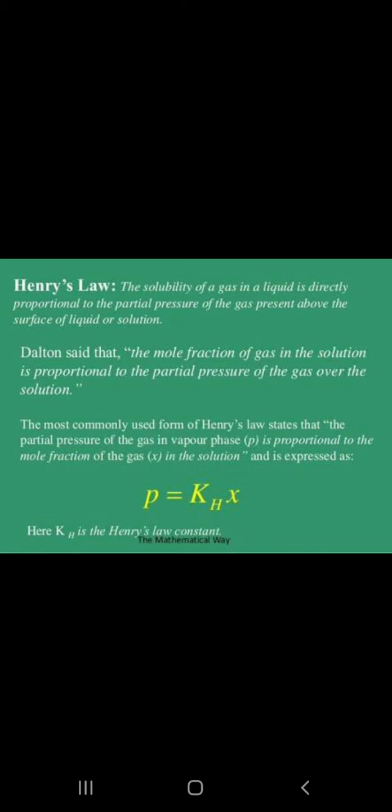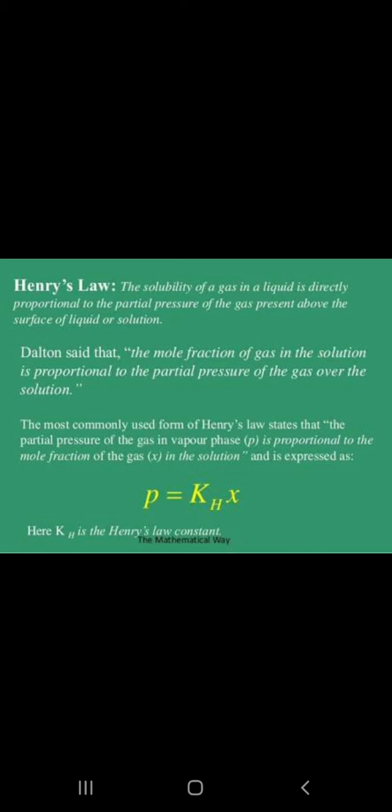At that time, John Dalton said that the mole fraction of a gas in the solution is proportional to the partial pressure of the gas over the solution. Or we can say in a very simple form of Henry's law, the partial pressure of the gas in the vapor phase, denoted by small p, is proportional to the mole fraction of the gas, denoted by small x, in the solution.